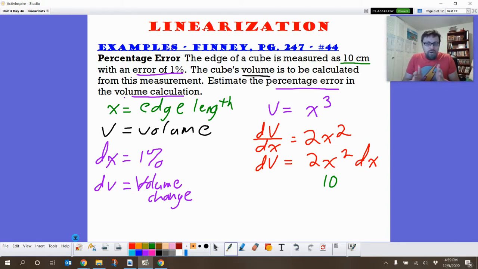So if we had an error of 1%, it's going to be off by about 0.1 centimeters, as opposed to a 100 centimeter cube being off by 1 centimeter. A 10 centimeter cube with an error of 1%, we're doing 10 times our 1%. We get 0.1. So our dx that we're going to be putting in is 1% times that 10 centimeters, which gets us 0.1.